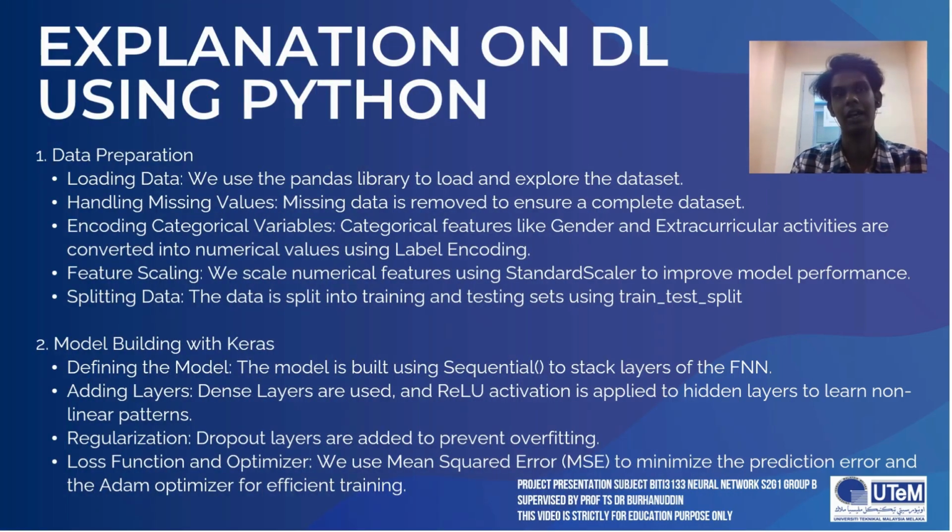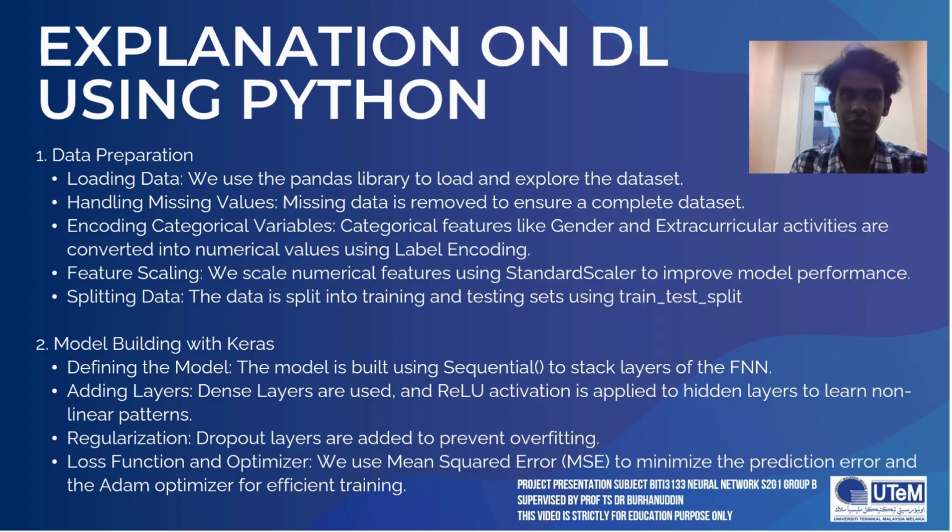So next will be explanation on deep learning using Python. So first we use data preparation where we load the data, where we use pandas library to load and explore the data set. And then to handle the missing values, we remove the missing data to make sure the data set is complete and clean.